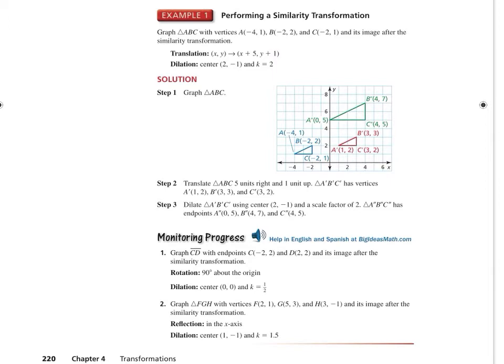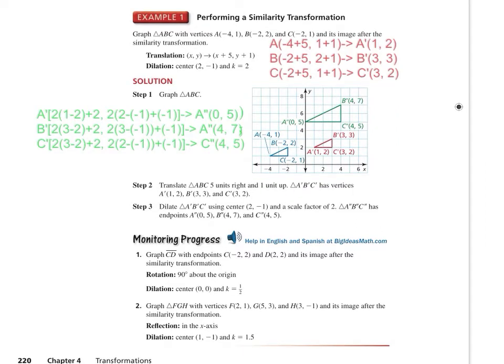And we can see that by looking at triangle ABC as the pre-image, and so every vertex is translated 5 to the right and 1 up, getting us mapped onto A prime, B prime, C prime. And then your second transformation is a dilation with center 2, -1. So remember, you have to follow the rules that you learned in 4.5 when you have a center of dilation that's not at the origin 0, 0. It follows a special formula. So let's see what that formula is.